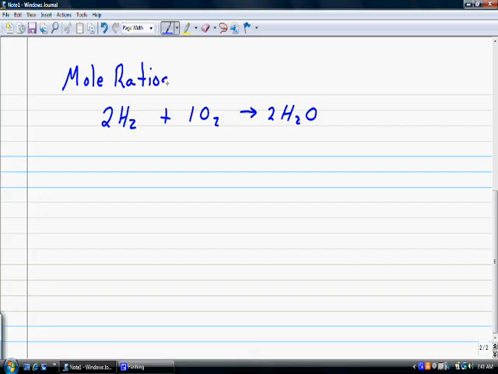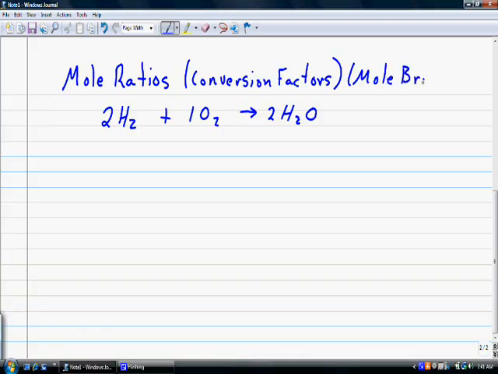These will become conversion factors for determining, if I have a certain amount of one substance, how much of another substance can be produced. You will hear me talk about these as the mole bridge. And the mole bridge comes from a balanced chemical equation, BCE.